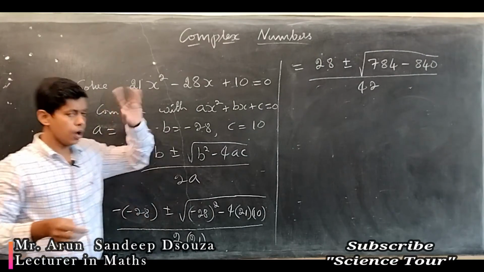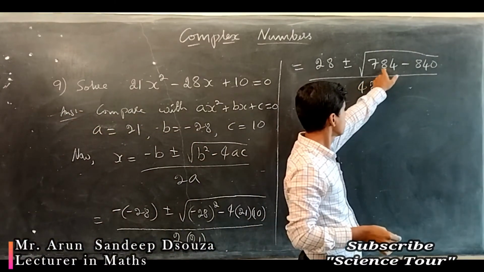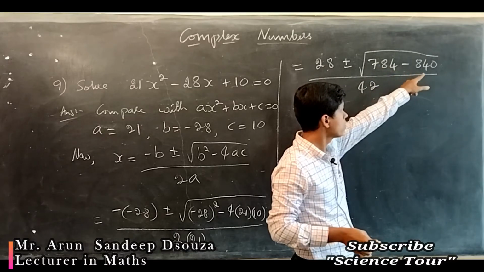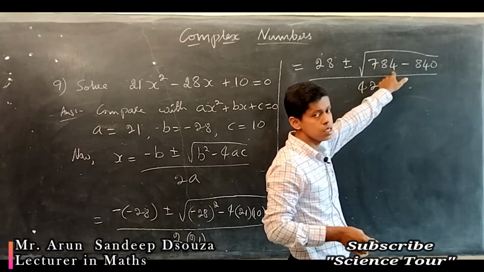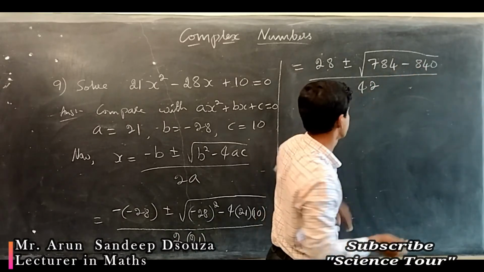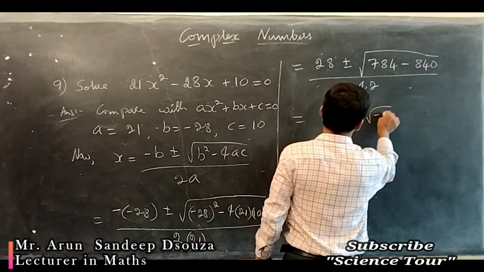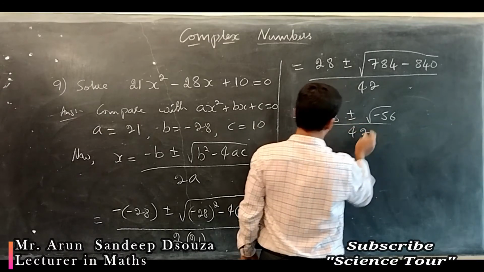Now simplify within the square root. This is 784 and that is 840. So 40 and here 16, so 56, minus 56. So that is minus 56 divided by 42.